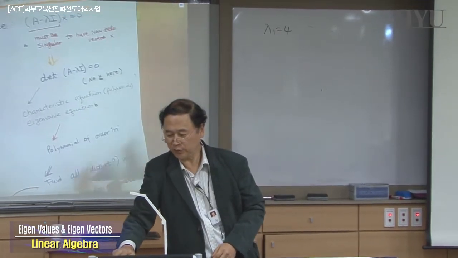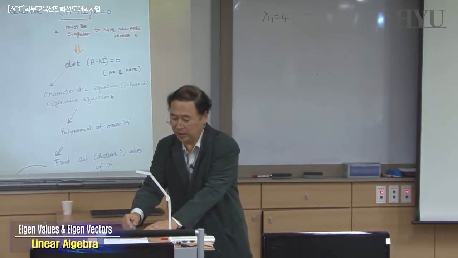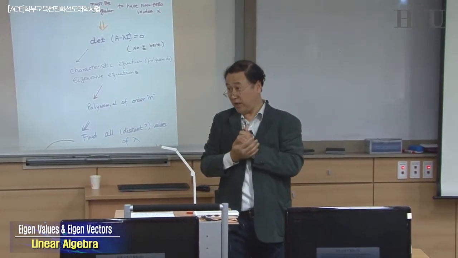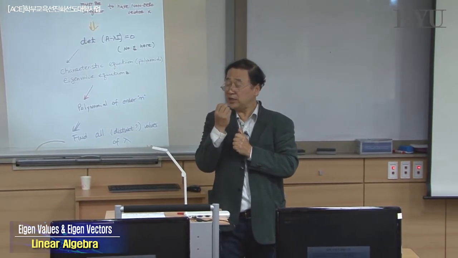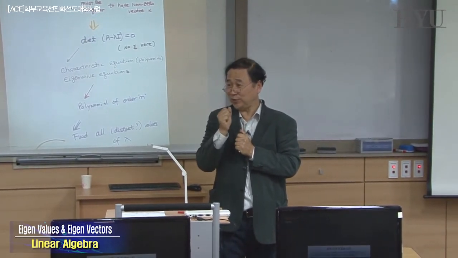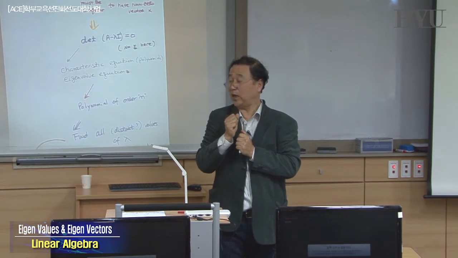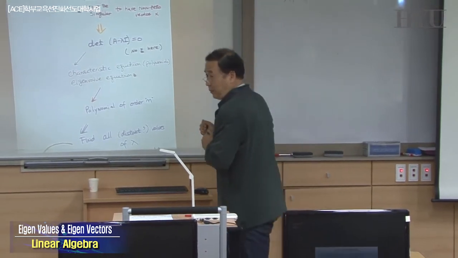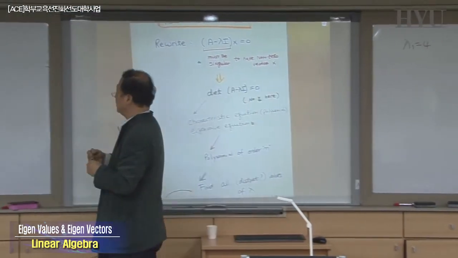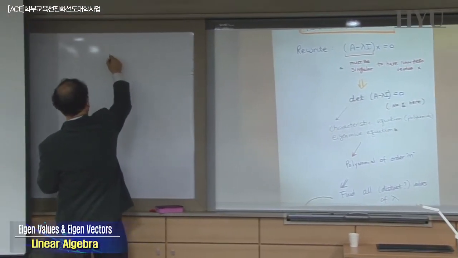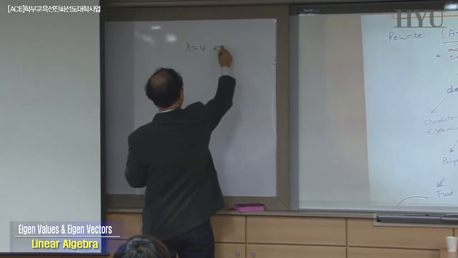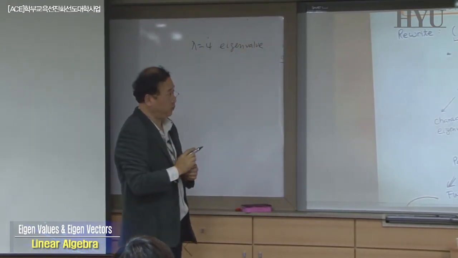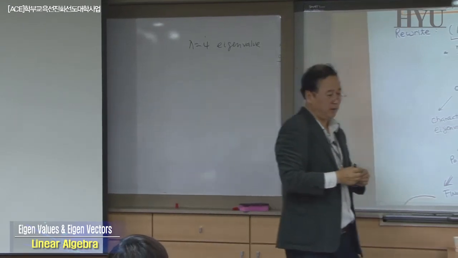This is the total procedure, right? Up to now, we computed all eigenvalues, but for each eigenvalue, we try to find an eigenvector. So let's say lambda is 4, an eigenvalue. How can you find the eigenvector?